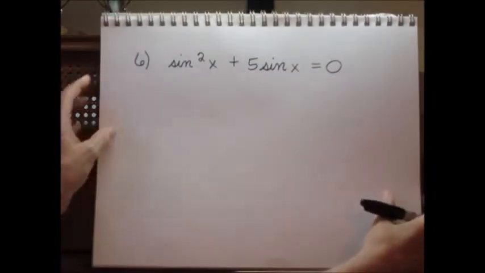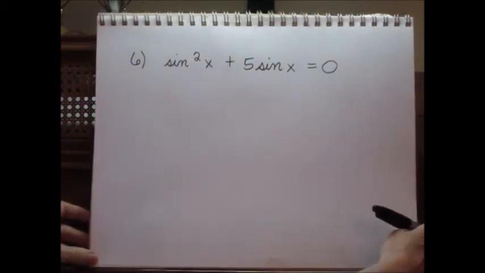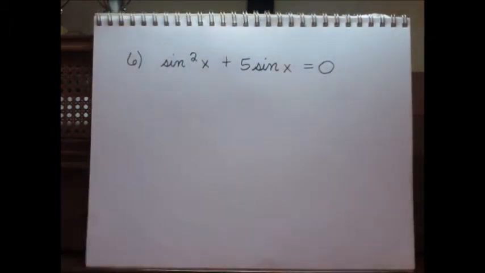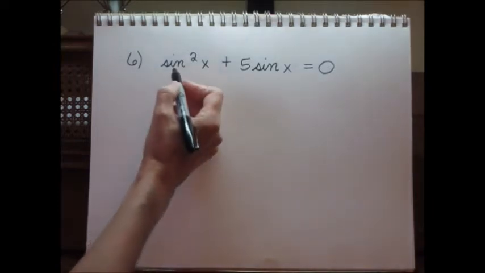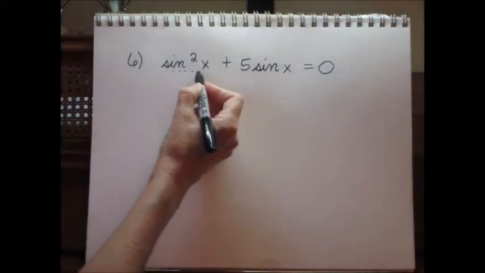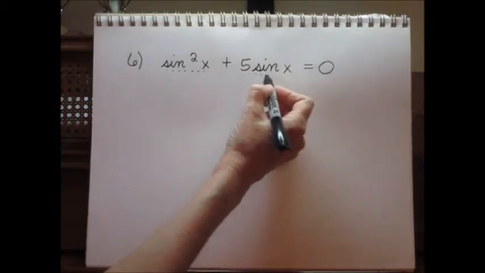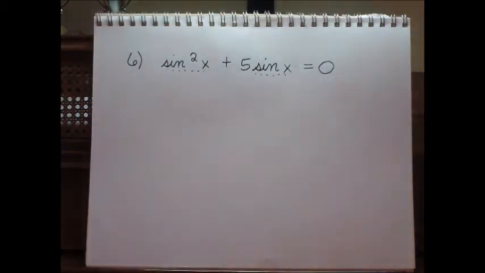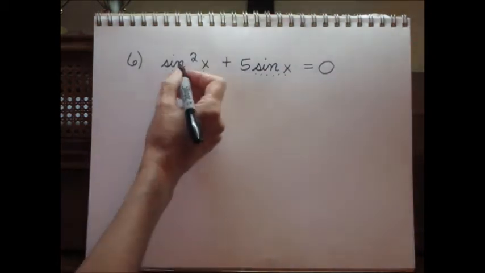Here's our next problem, number 6: sine squared of x plus 5 sine of x is equal to 0. I notice that I have sine of x in both of these terms. Since this is already set to 0, I'm going to factor out sine of x from each term.